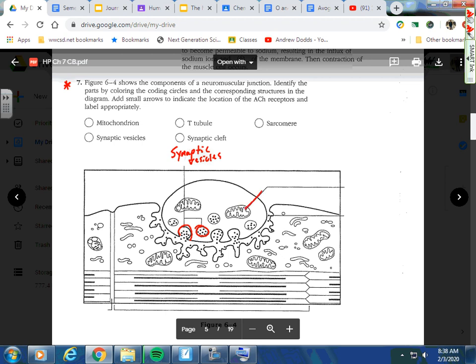I might not include this one, but these things here would be mitochondria. All right. And then this is supposed to be pointing into this gap here, and the gap is called the synaptic cleft.